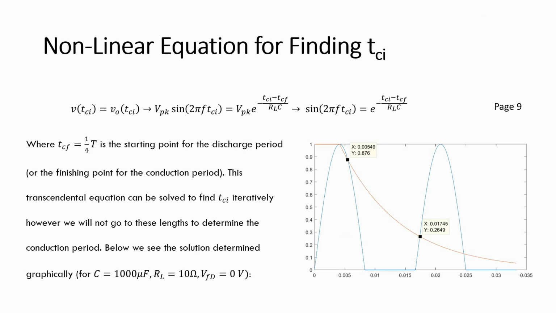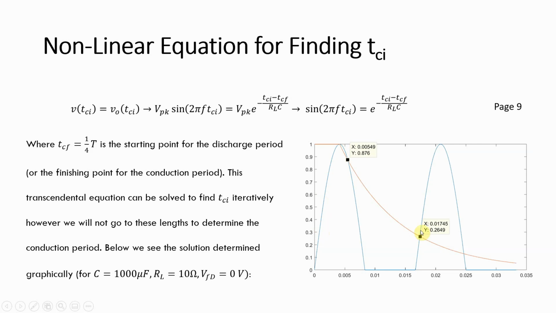First, let me remind you that we had two periods in the RC circuit response. If you look at the voltage, first we have a charging period, and then we have a discharging period.